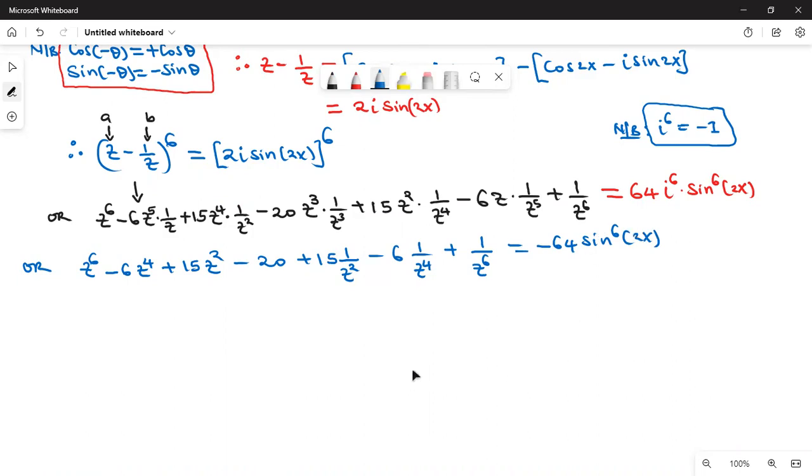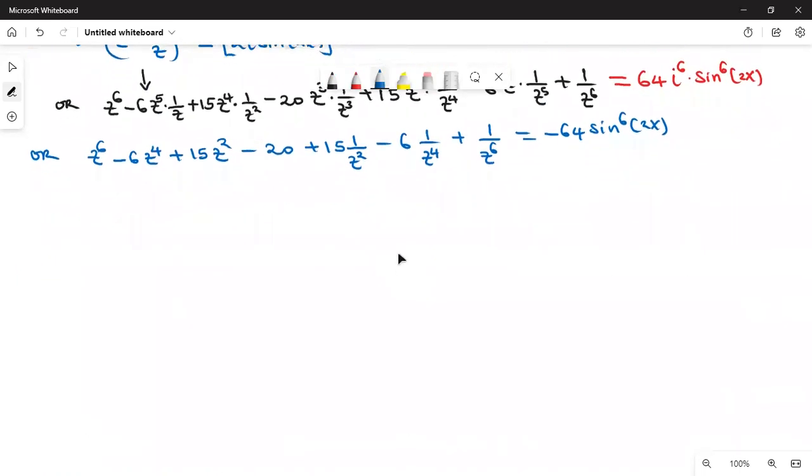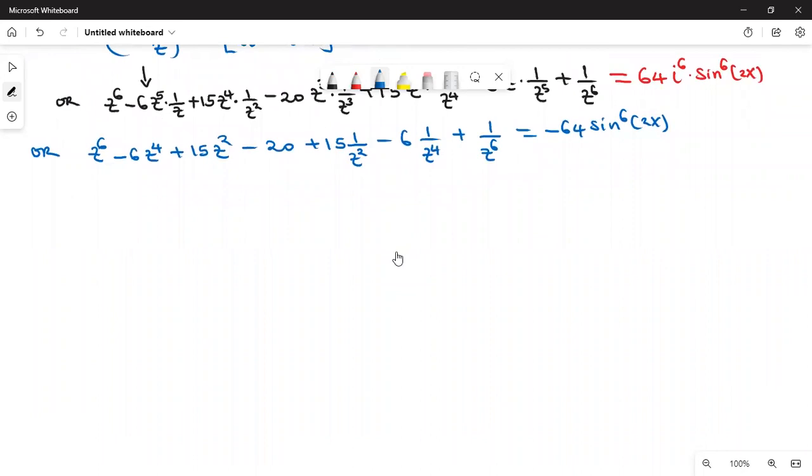And so I can group the left-hand side. If I group it, I'm going to get z raised to 6 plus 1 over z raised to 6, minus 6 times z raised to 4 plus 1 over z raised to 4.